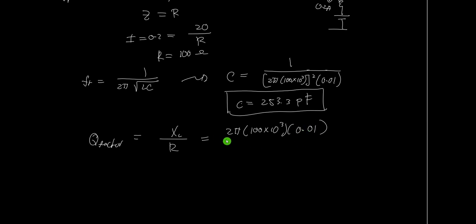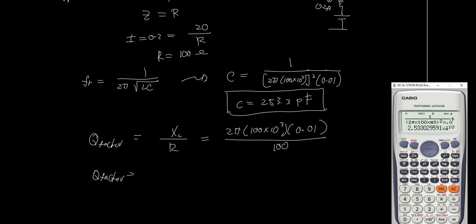That's XL all over R, where R is just equal to 100 ohms. So therefore, the Q factor will be equal to 2 pi times 100 kilohertz times 0.01 divided by 100. The answer is 20 pi, or 62.83.